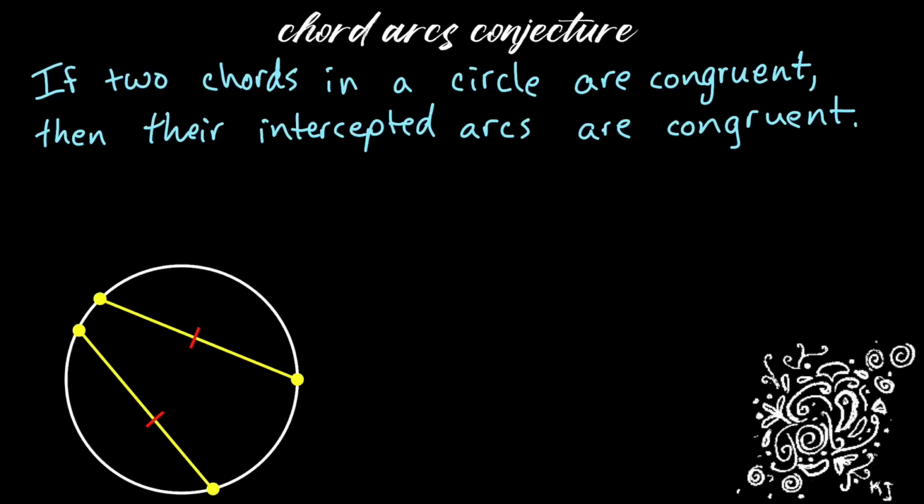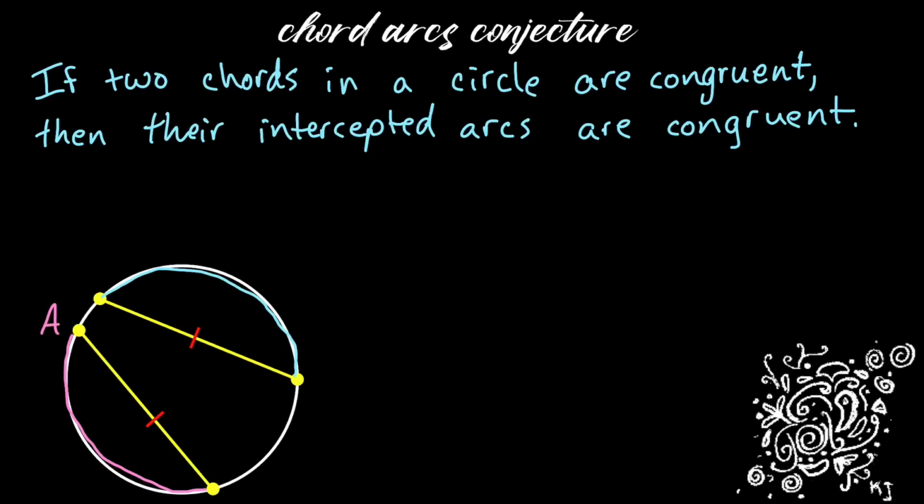So here in our circle, we have two chords that are congruent. So we know that their intercepted arcs are congruent. So that arc must be congruent to this arc. And let's give them labels.